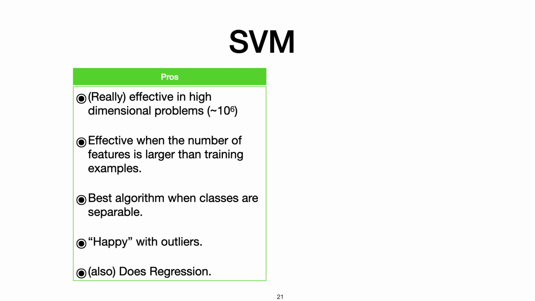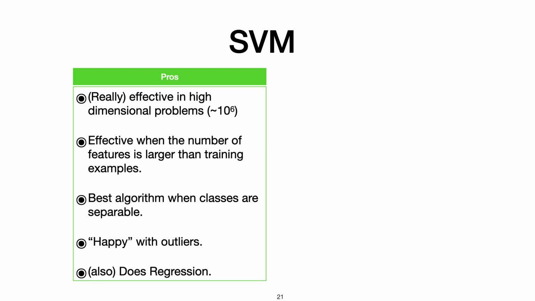And it is the best algorithm when classes are separable. I showed you that by creating the largest margin, you can ensure that this is the unique, best, optimal separator or decision rule. And it's happy with outliers if you allow for the soft margin version of the support vector machine.